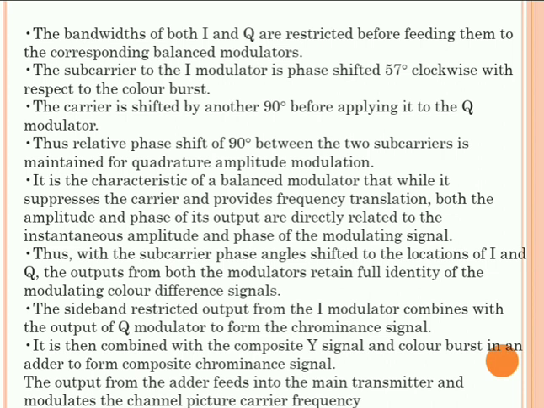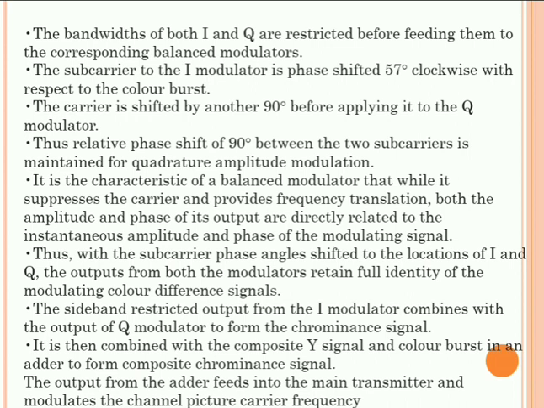Initially, the output of the video camera was the RGB signals. We pass the RGB signal through the NTSC color matrix, which produces the Y, I and Q signals. These Y, I and Q signals are bandwidth restricted to 5 megahertz before feeding them to the balanced modulator, and they are phase shifted. Before giving them to the balanced modulator, we are giving a subcarrier frequency.